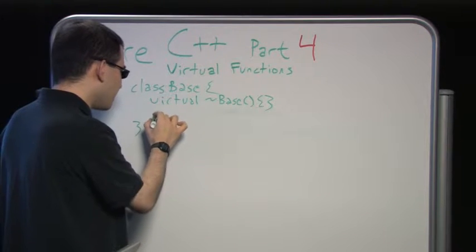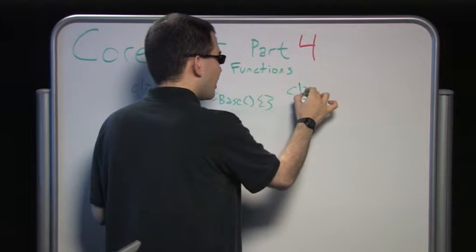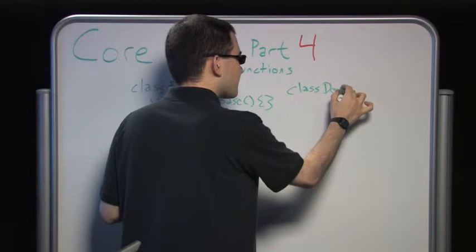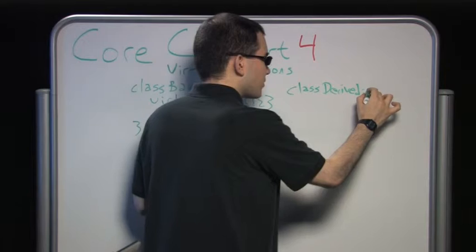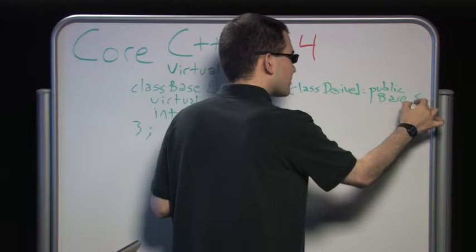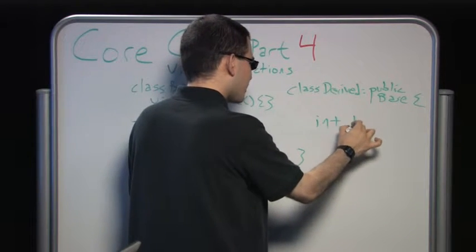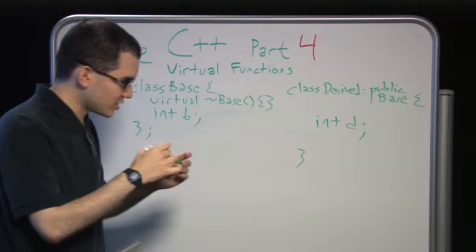And then maybe I've got some cool data member, int b, and then I've got a class derived, public base, and then I've got some cool int d here, and I've got constructors that'll set these up and functions that'll use them.